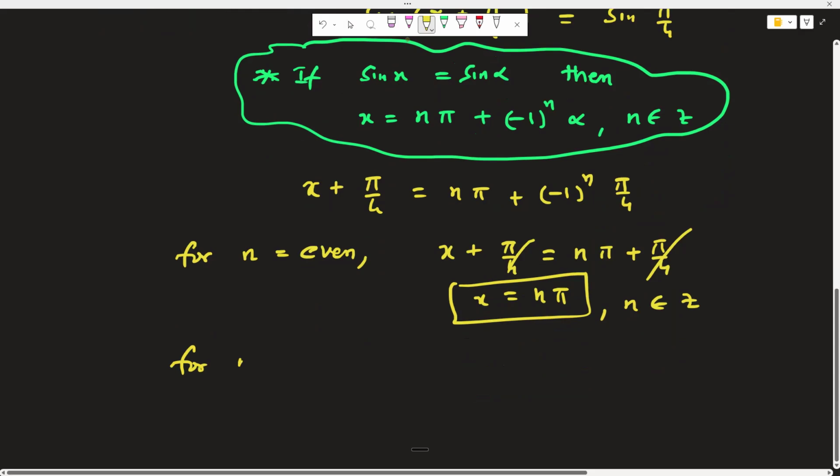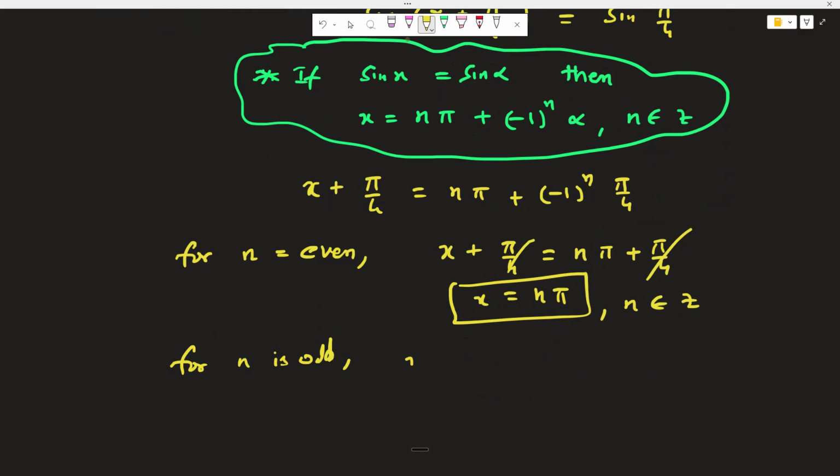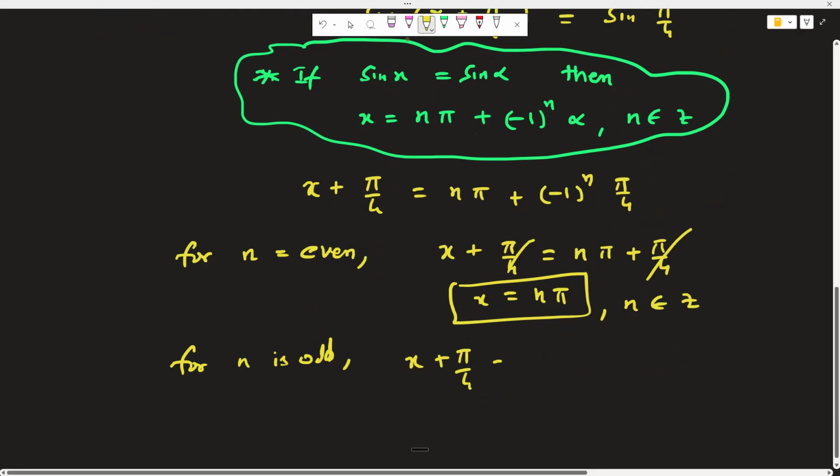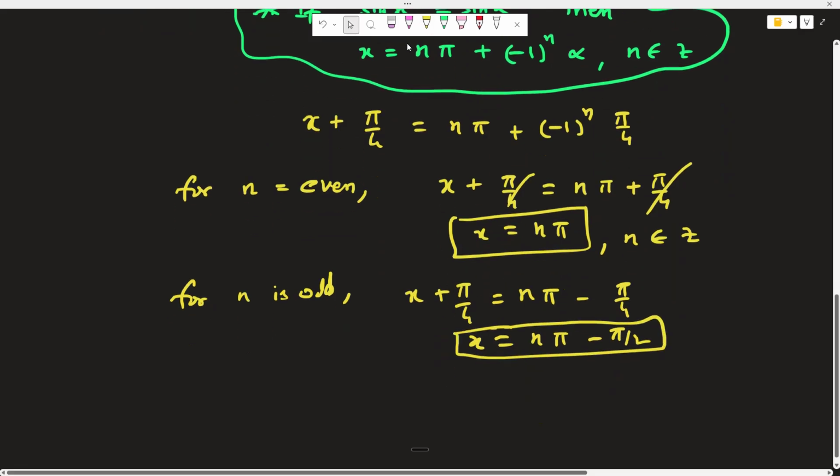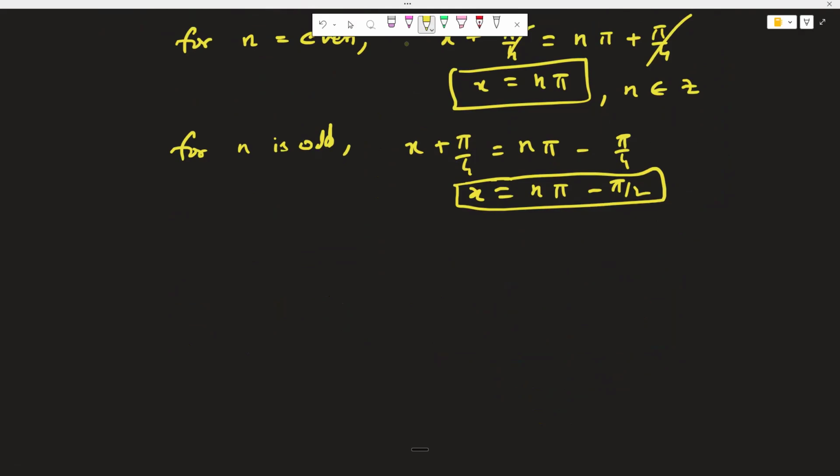For n odd, x plus pi by 4 is equal to n pi minus pi by 4, and from this we can write x is equal to n pi minus pi by 2. So these are the two values we are going to use to solve the question.